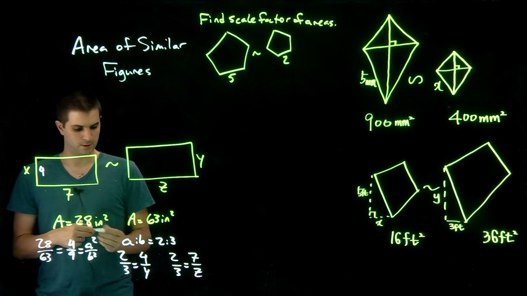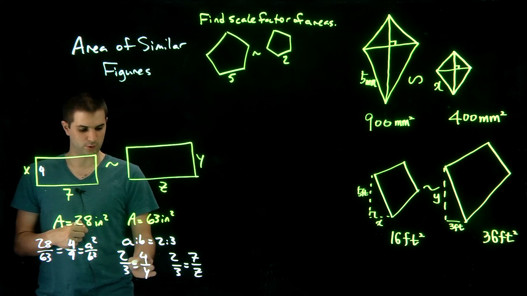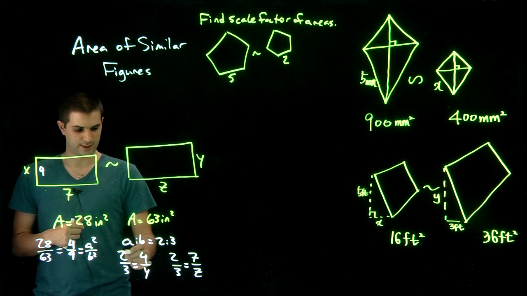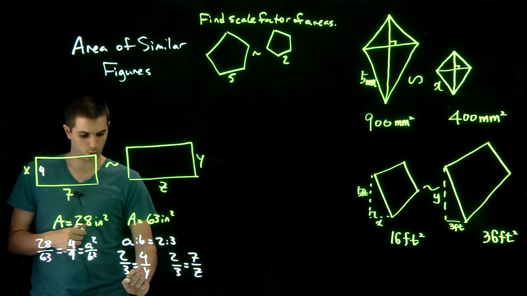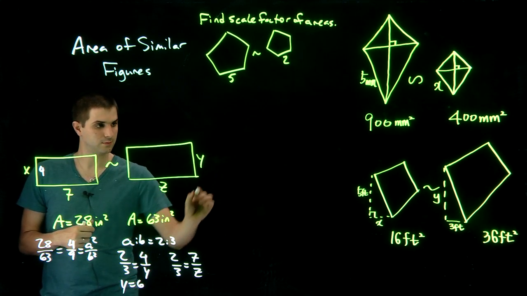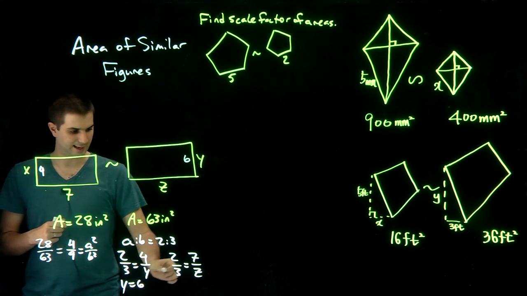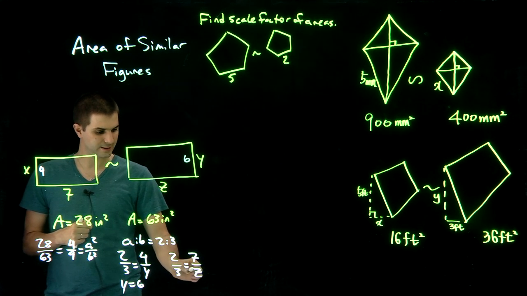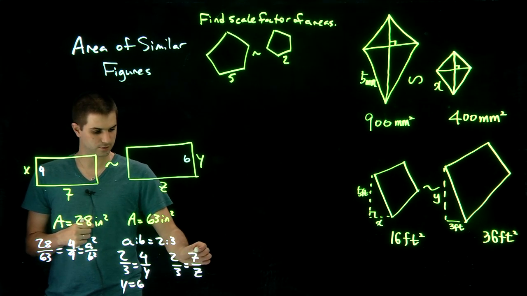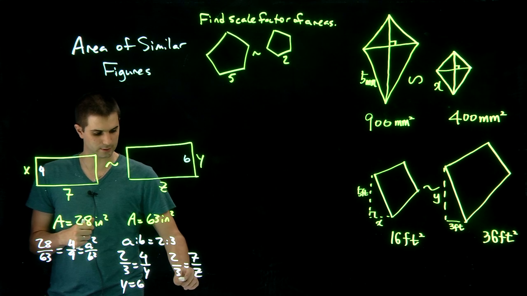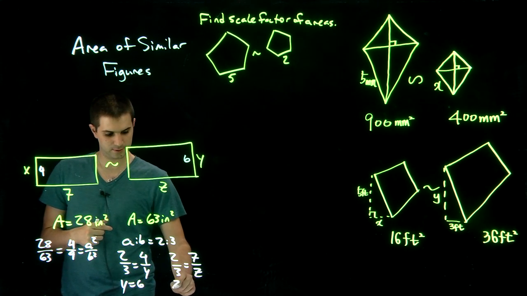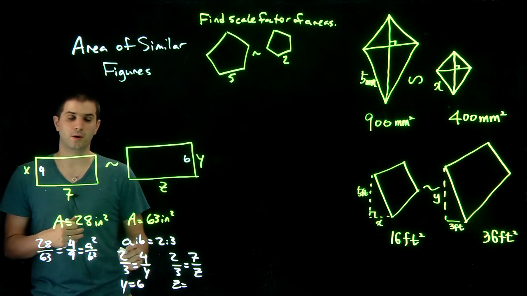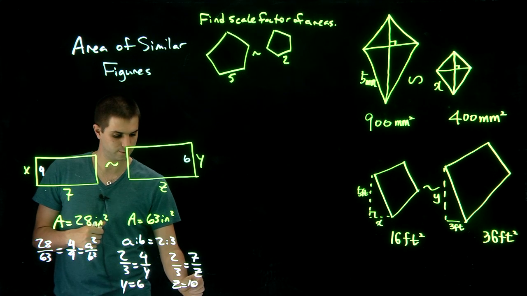So 2y equals 12, so y equals 6. And 2z equals 21, so z equals 10.5.